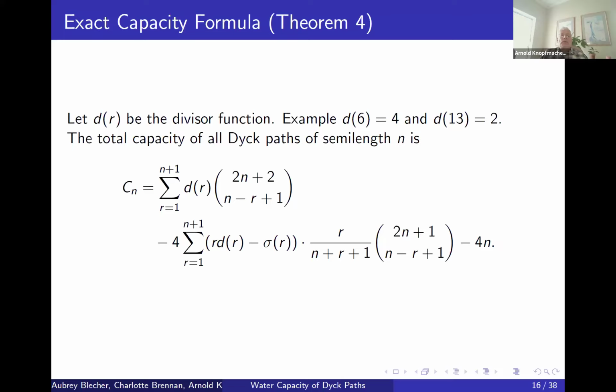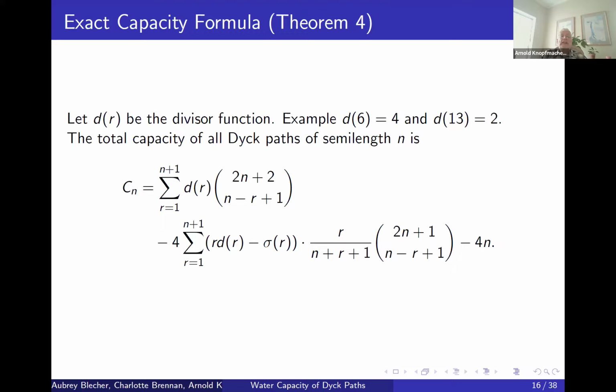Now, the problem with exact answers is, while this looks fairly nice in some ways, it actually doesn't give you any intuition at all as to how large the water is as a function of the length n. It's very hard to look at this and say, what is the largest term that appears here?